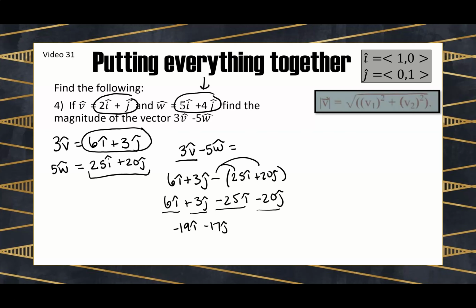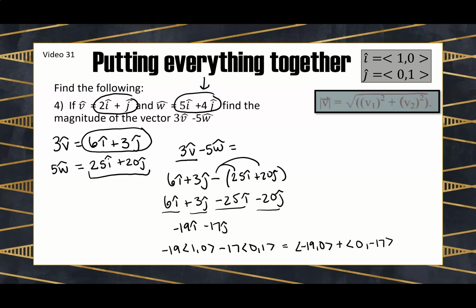And now I need to substitute back in. This is going to be negative 19 times 1, 0. And then we're going to have minus 17 times 0, 1. And I'm going to distribute this through, and this is going to give me negative 19, 0, and then I'm going to put a plus because it's going to be 0 and then negative 17.